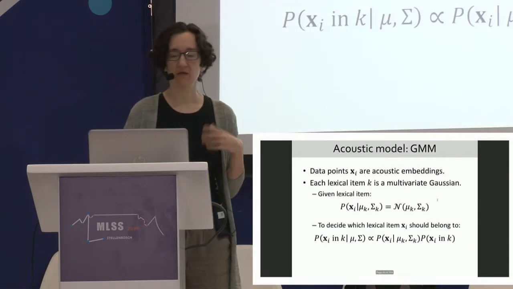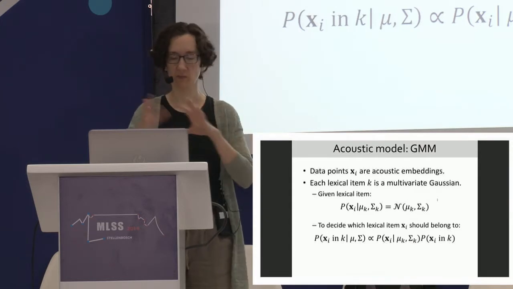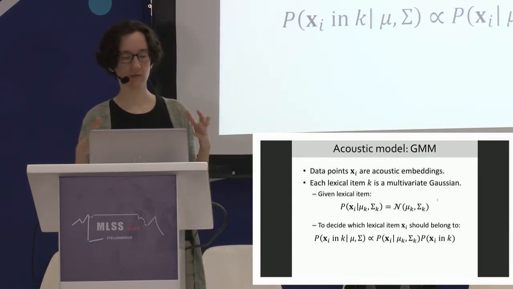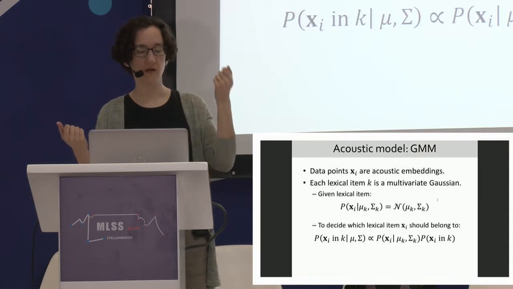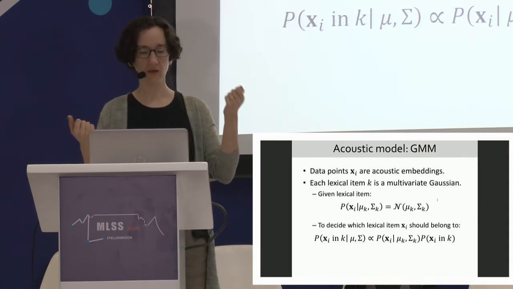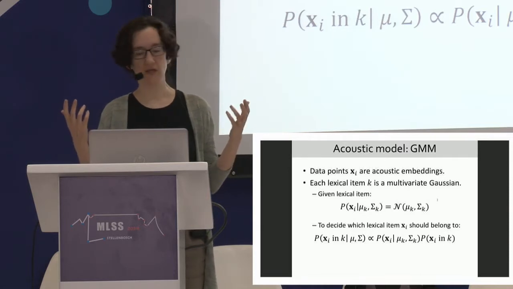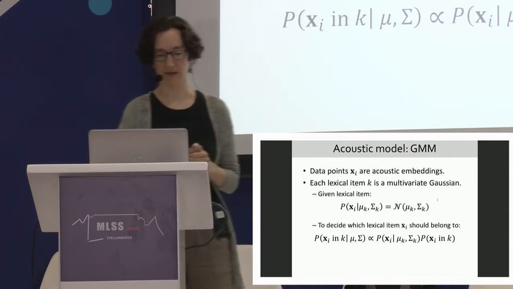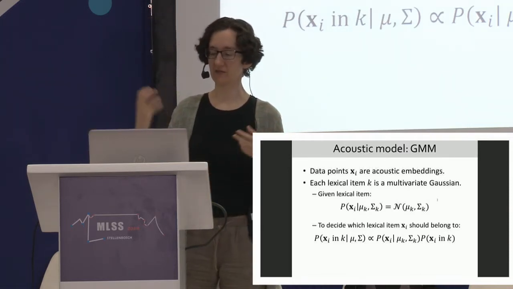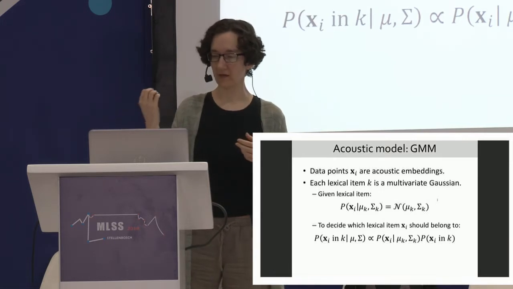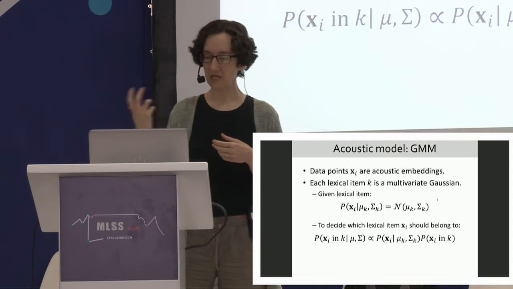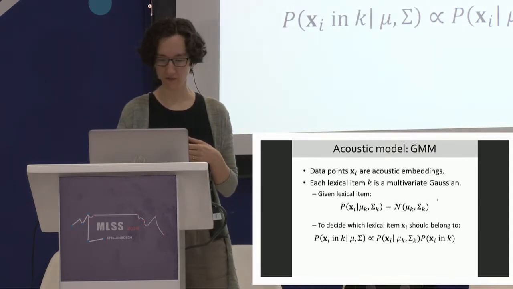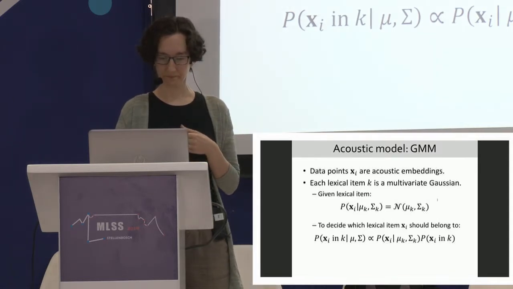Okay, so we've got these embeddings. Then we need to think about how we model what's going on in this embedding space. We can think of this as an acoustic model. The data points in our space are these embeddings, and we're just going to use a Gaussian mixture model to capture that. We assume that each of the lexical items we care about is a multivariate Gaussian, so it has its own mean and covariance.